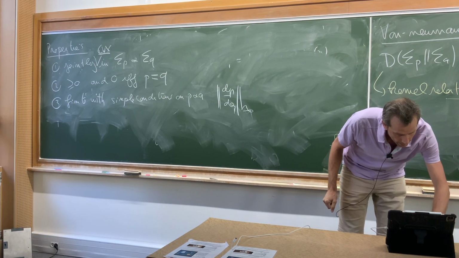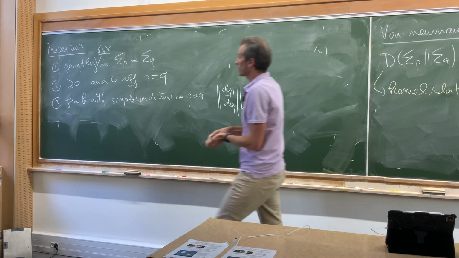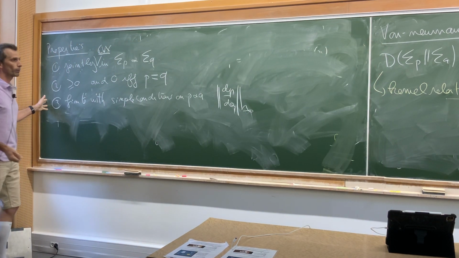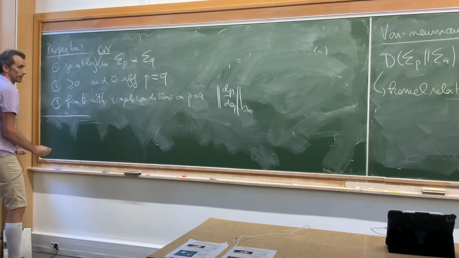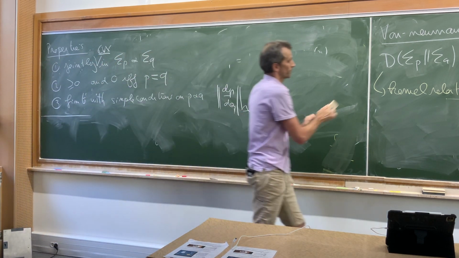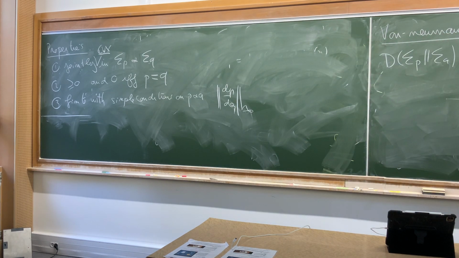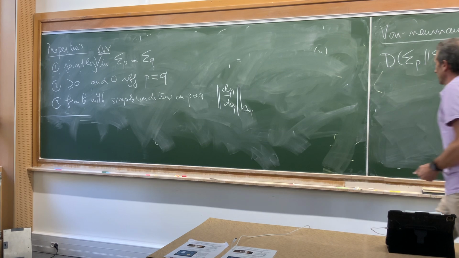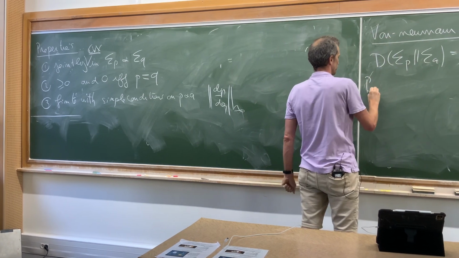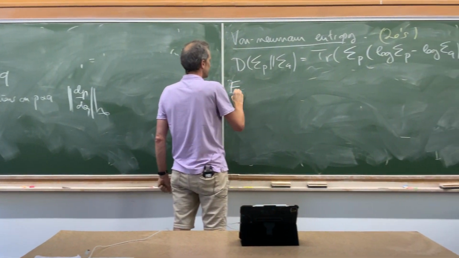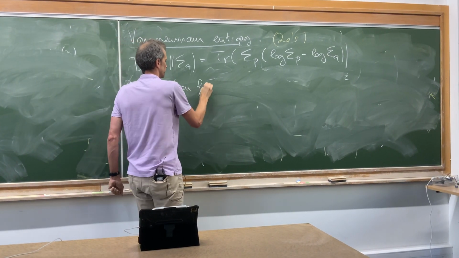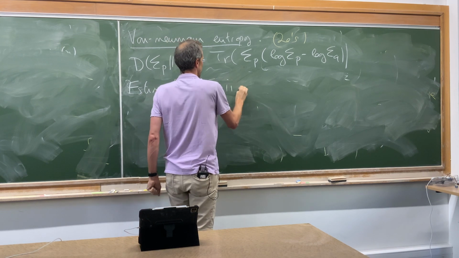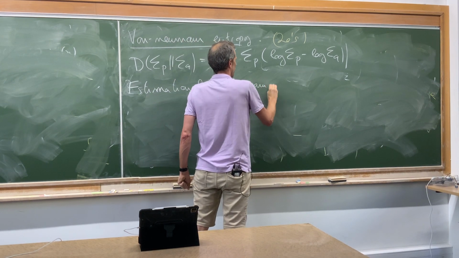A few other properties are just consequences or well-known properties of the von Neumann entropy. What is not as well known, and what I worked on, is the estimation from finite samples. Why is it important?